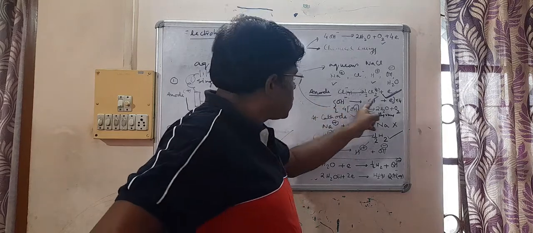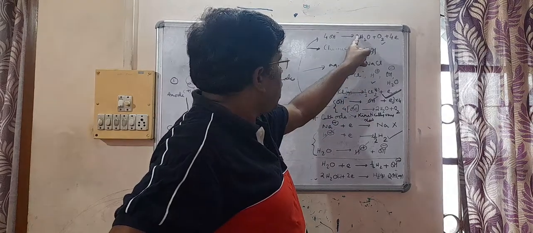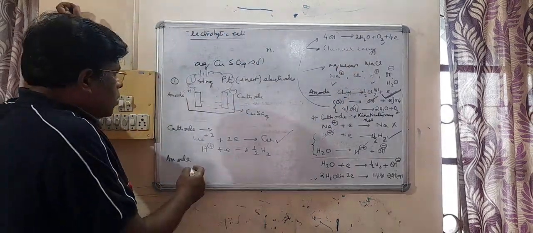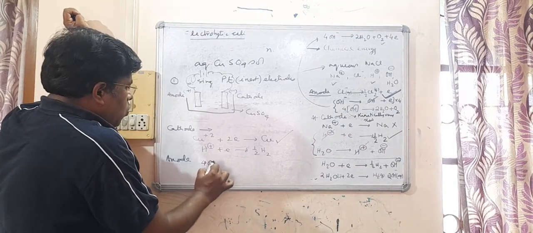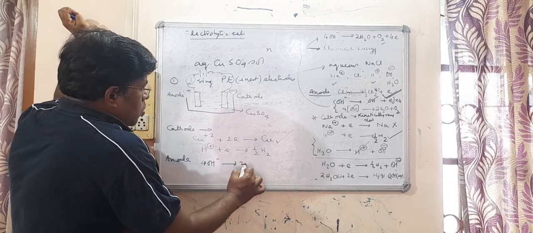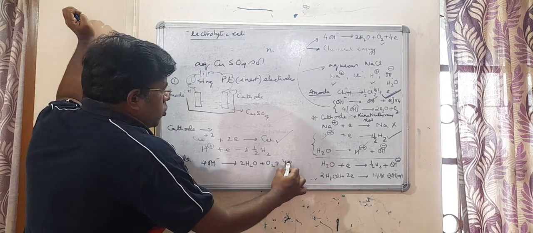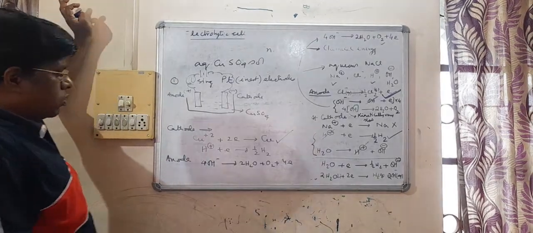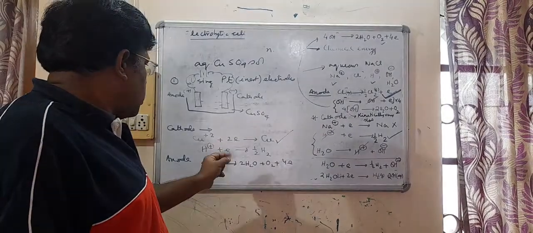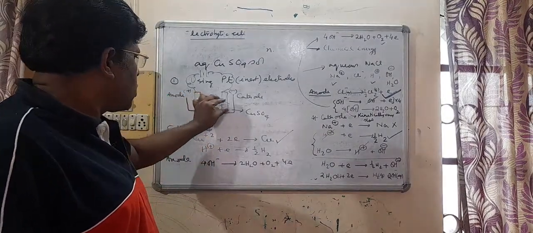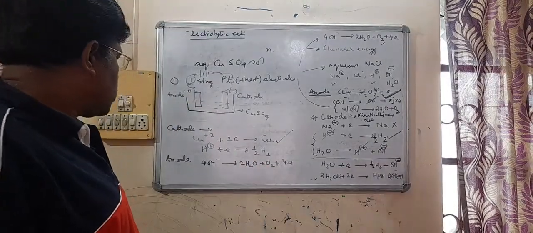So OH minus forming this, that happens at the anode. So let me write down 4 OH minus arrow 2 H2O plus O2 plus 4 electrons. This happens at the anode. So we get deposition of copper at the cathode, and we get oxygen gas at the anode.